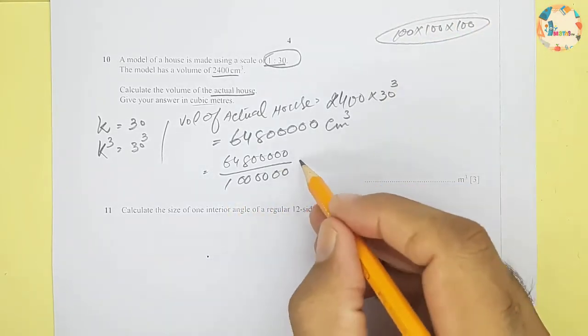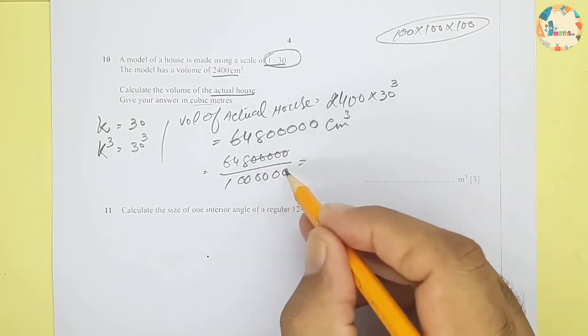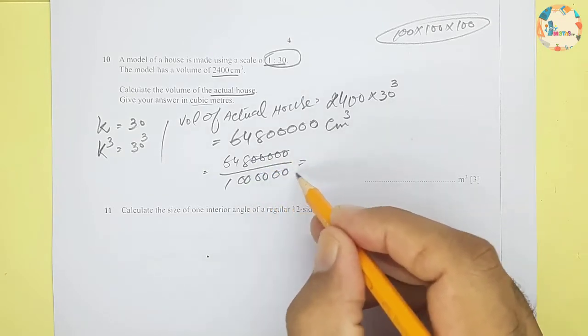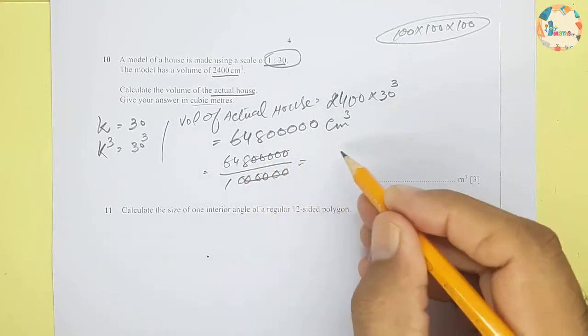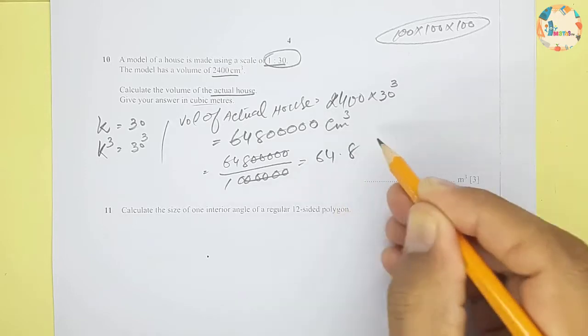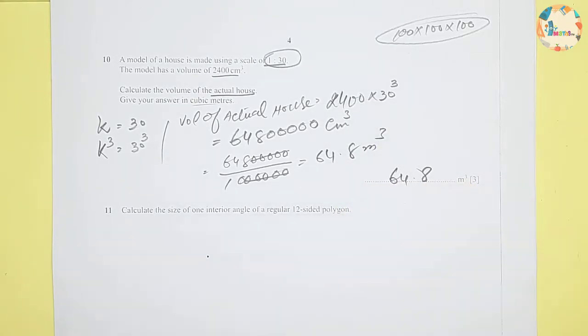If we divide this, 5 zeros will be cancelled with 5 zeros, and this will be decimal, so 64.8 meters cubed. This will be our answer, 64.8.